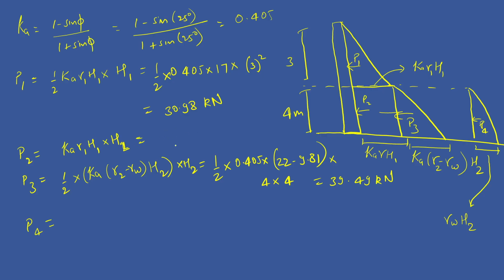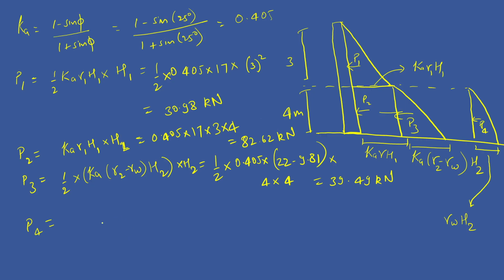It's 0.405 into gamma 1, which is 17, into H1, which is 3, and H2 is 4. So 0.405 into 17 into 3 into 4 is 82.62 kilonewton. Correct.